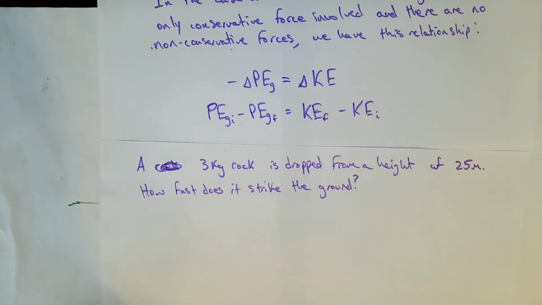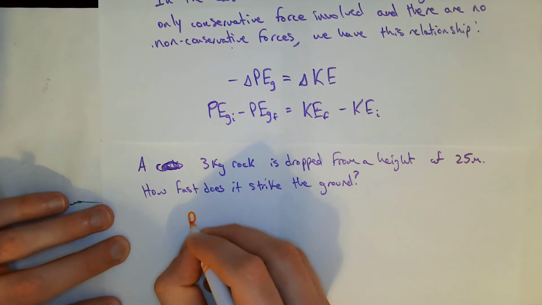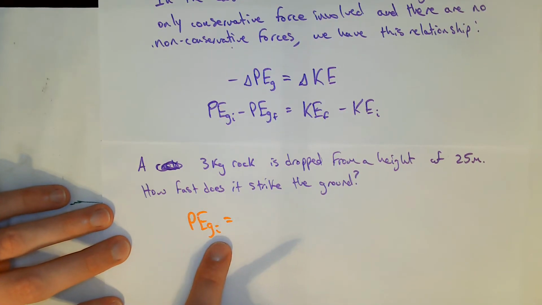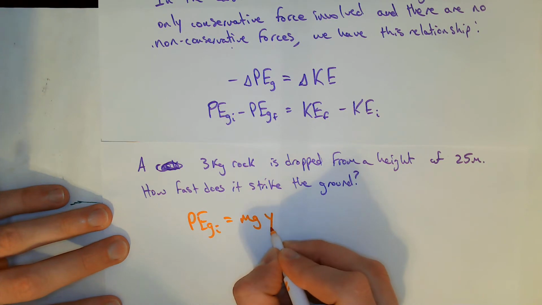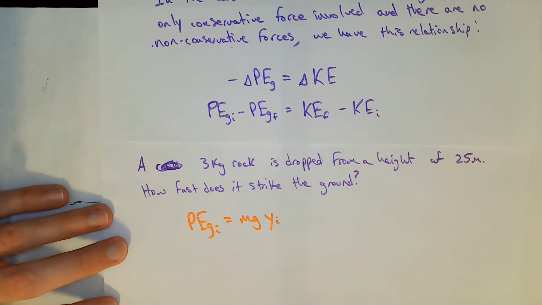Okay, so this rock is held at some height, so it has initial gravitational potential energy from that height. PEG initial is going to be mgy initial.